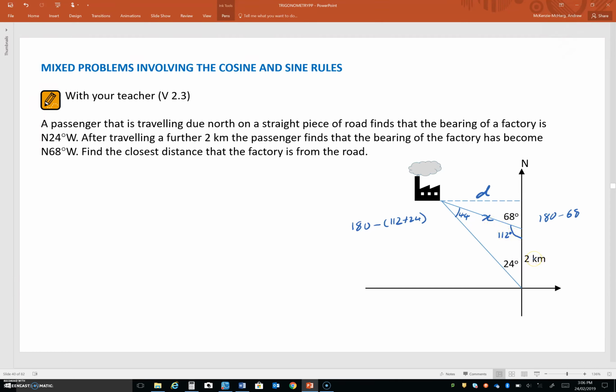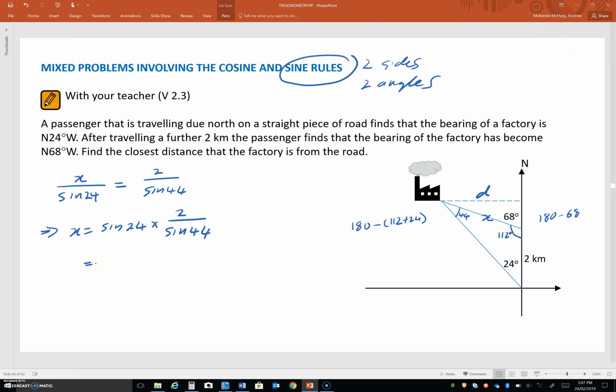So just rearranging for X. And if we put that into the calculator, we should get 1.17 kilometers, rounding to 2 decimal places.